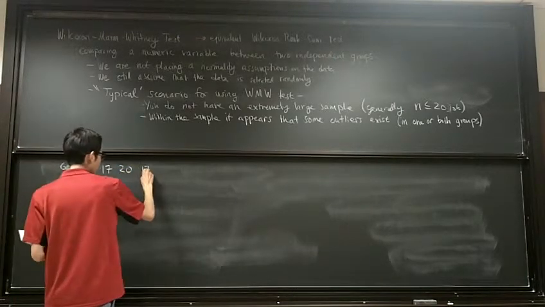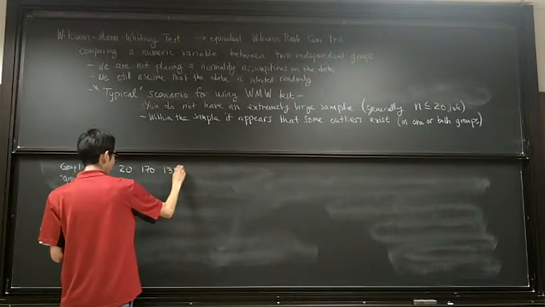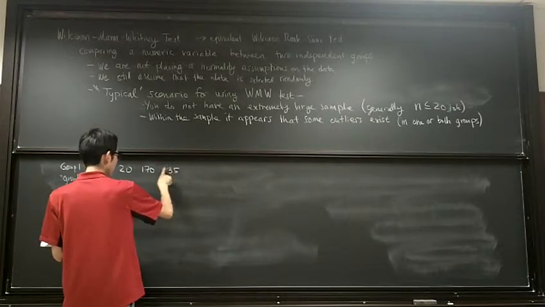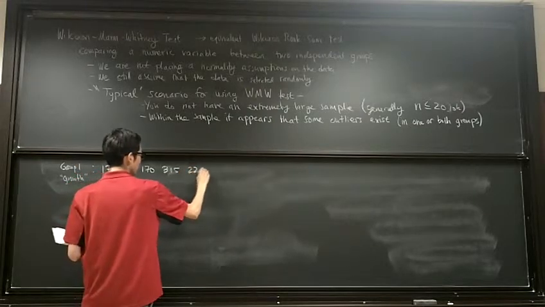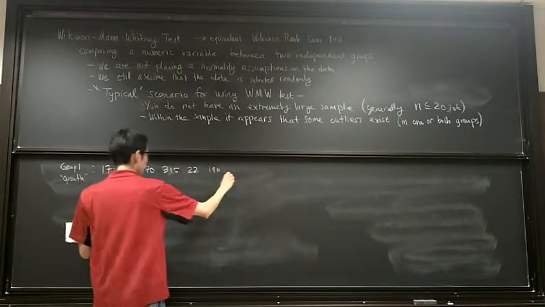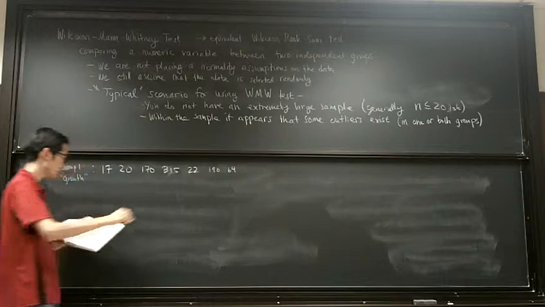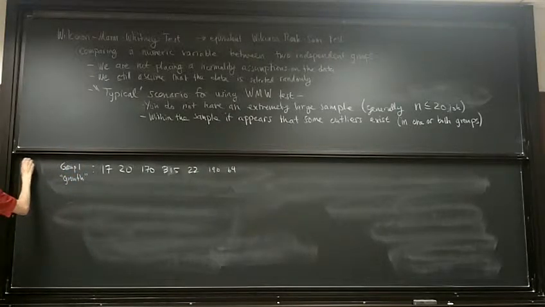Our numbers are going to appear a little odd. These are the numbers: 3, 15, 22, 190, and 64. You don't have to copy these down. These are in table 7.10.1.